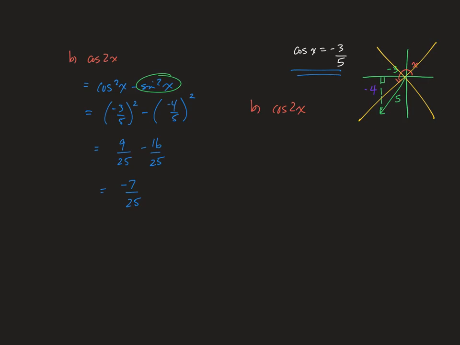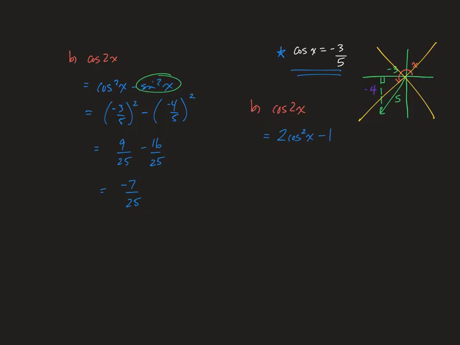However, if I broke down my cos 2x, rather than using my basic form, cos squared minus sine squared, but instead said, I want to break it down into my cos version. Well, for me to break down cos 2x, then that's equal to 2 cos squared x minus 1.